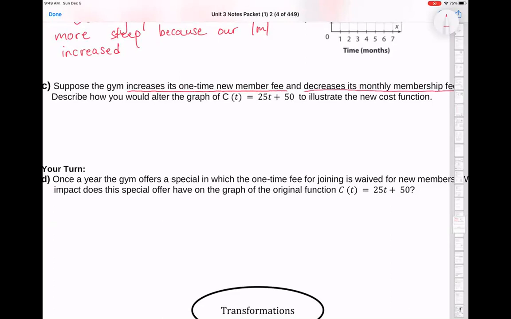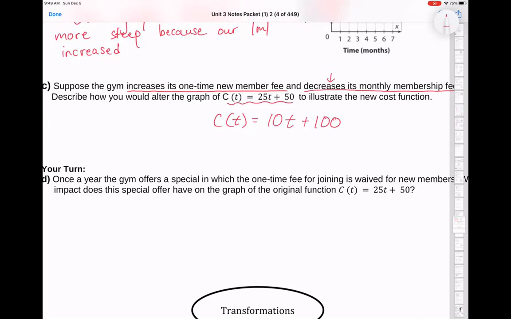So just to give us an example, this is our original function. Our new one might be, instead of $50 to start and join the gym, they're going to charge you $100, let's say. But instead of $25 every single month, they are decreasing that monthly fee to, we'll go with like $10 every month.